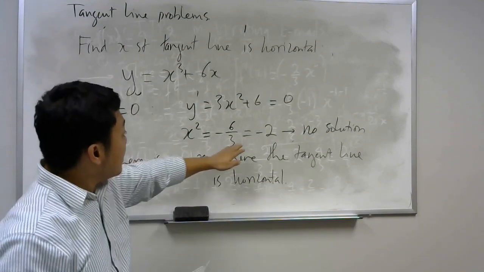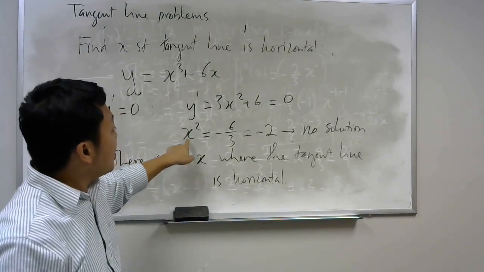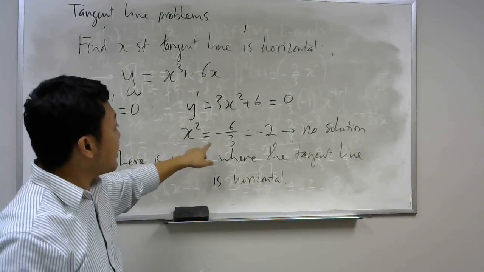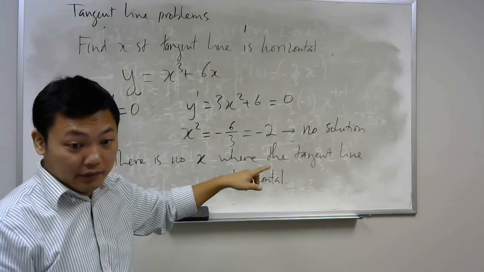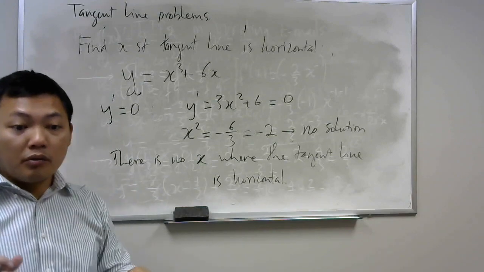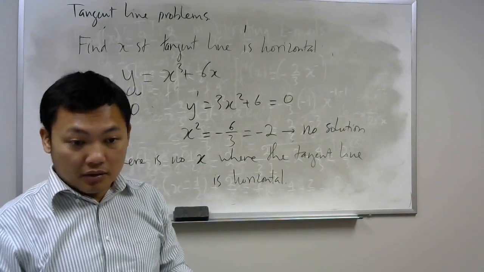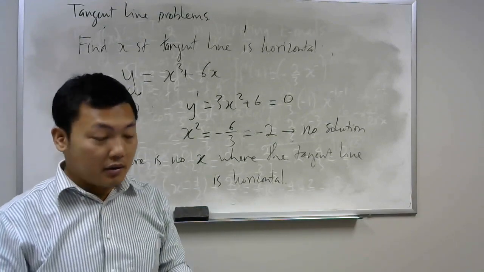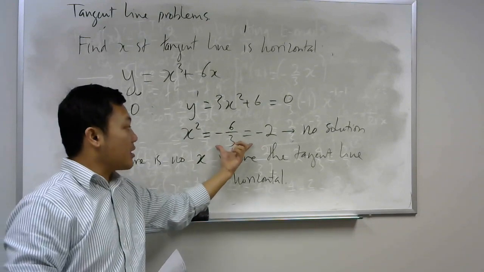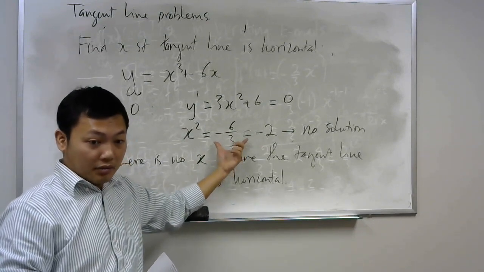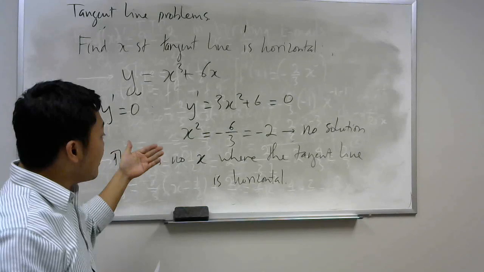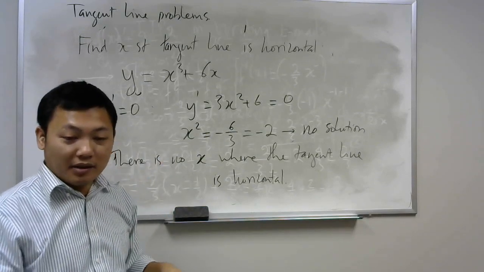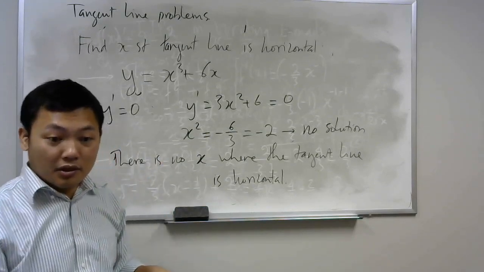And then when they get this, they take the square root, right? They apply the square root to both sides, they get x equal to plus or minus the square root of negative 2. But in this course, we work only with real numbers. We don't work with complex numbers. So this equation does not have any real solutions. So the answer is no x, but that is still an answer. No solution is an answer.